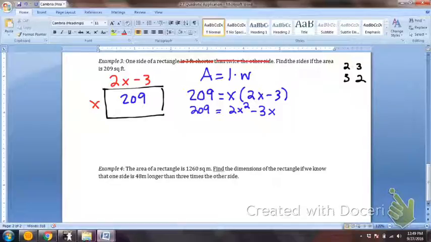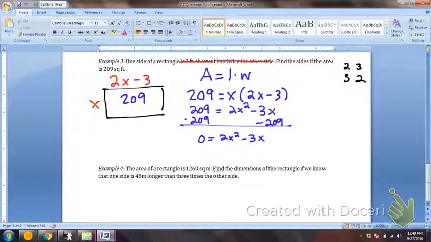What do we have to do when we have a quadratic? The first thing is to do what? Set it equal to 0. So we're going to move the 209 by subtracting it. So we'll subtract 209 to both sides. 0 equals 2x squared minus 3x minus 209.